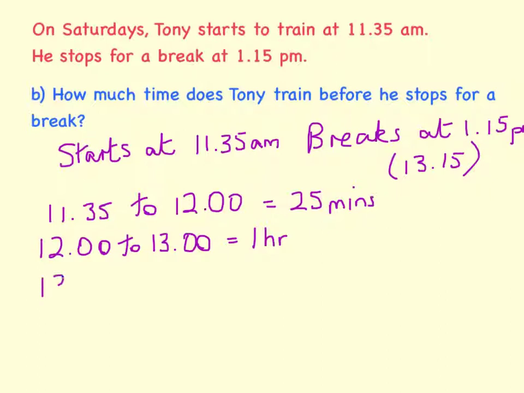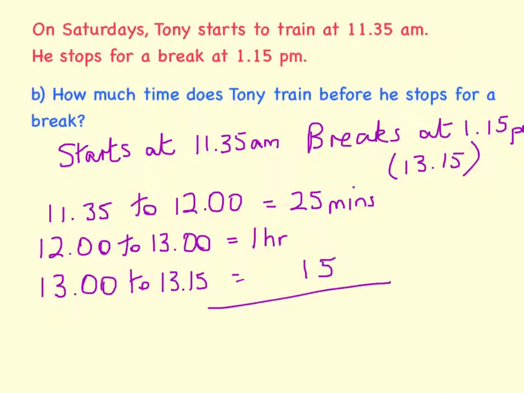And 1300 hours, or 1 o'clock, to 13:15, when he takes his break, is 15 minutes. If we add that up, we will see that he trained for a total of 1 hour, and then we add 25 and 15, and that gives us 40 minutes.